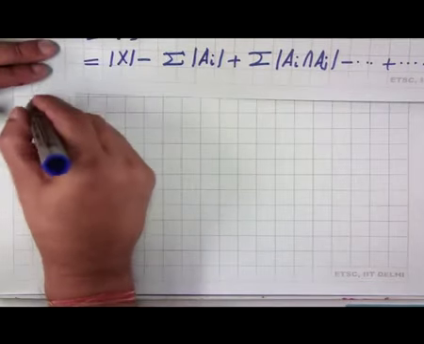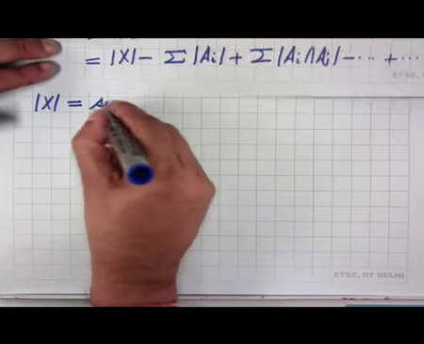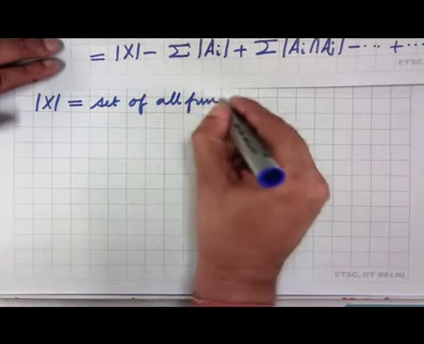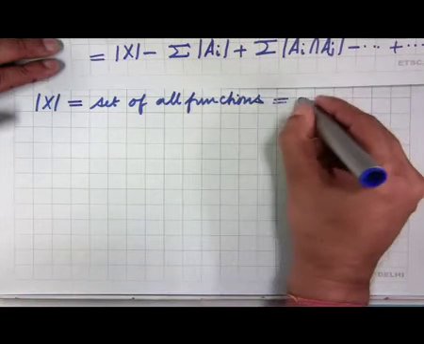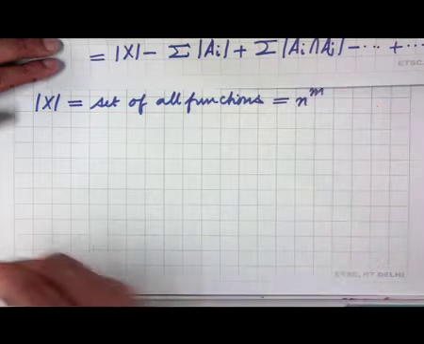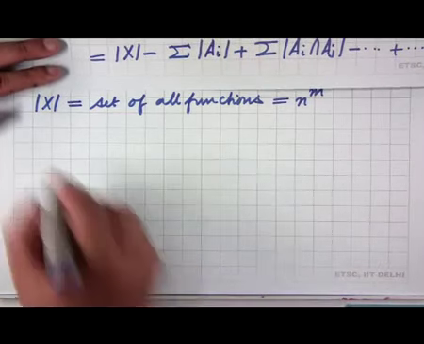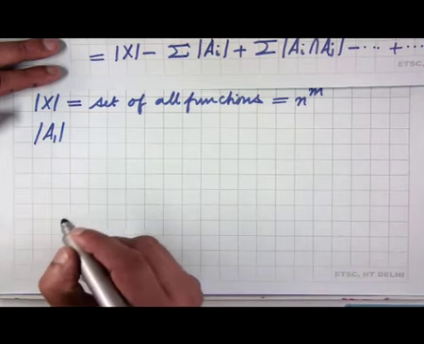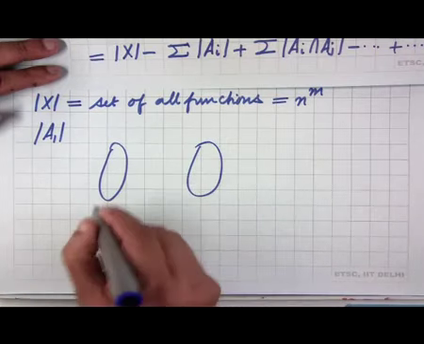So let me keep this formula for pi that I wrote down just now so that I can refer to it. Let's look at the number of elements in X. The number of elements in X is the set of all functions from A to B, and we know this to be n to the power of m. The second term involves terms that look like the cardinality of the number of elements in A1. Let me draw a little picture to illustrate this.